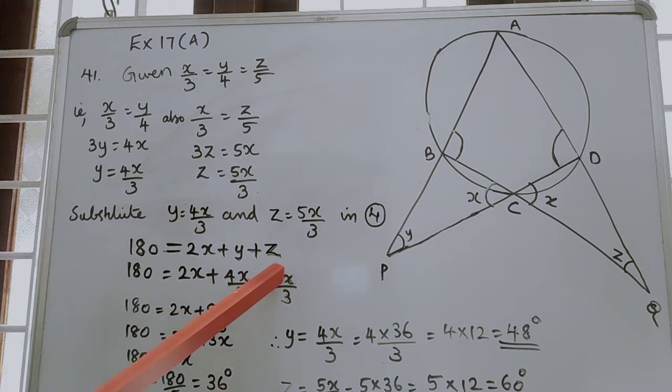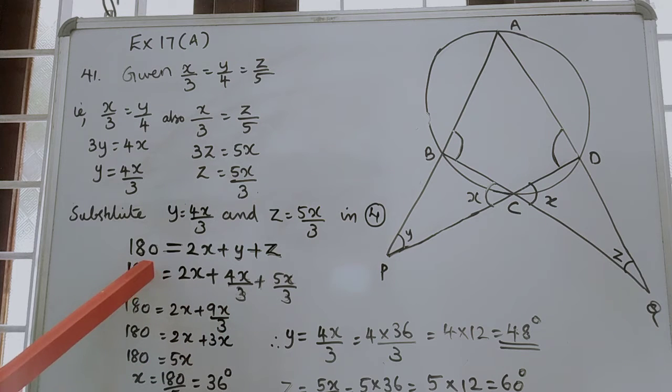So 4x plus 5x is 9x divided by the same denominator 3. So 180 is equal to 2x plus 9x by 3, we can cancel and get 3x. So 2x plus 3x is 5x. 180 is equal to 5x, so x is equal to 180 divided by 5, which is 36 degrees.